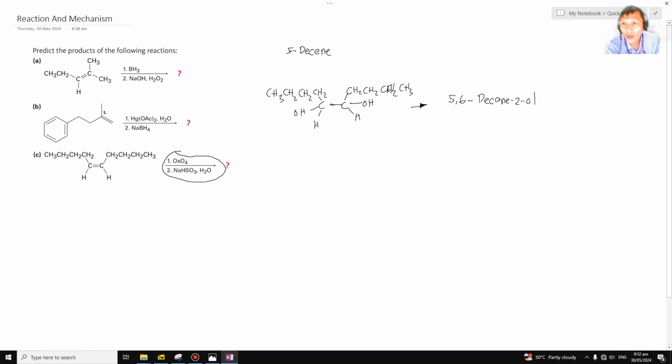I think you only have one name in IUPAC here, since maybe this is the one that they're trying to avoid. Because if you don't have this number, you can just name it as 2-decane diol.